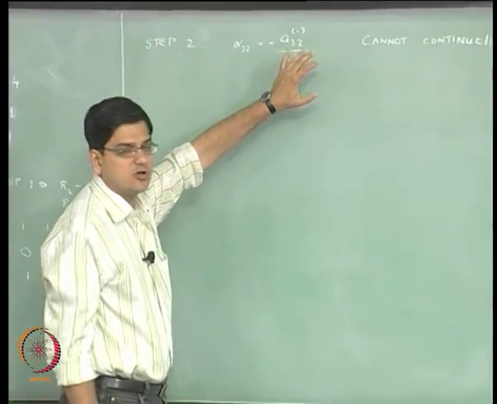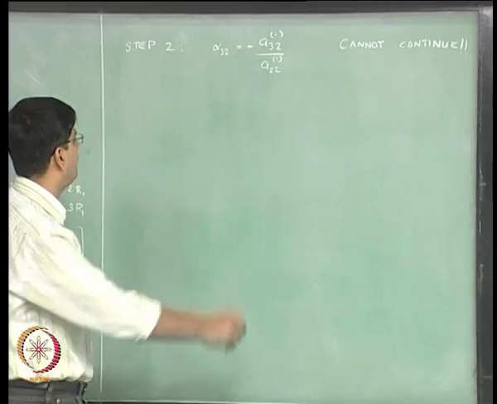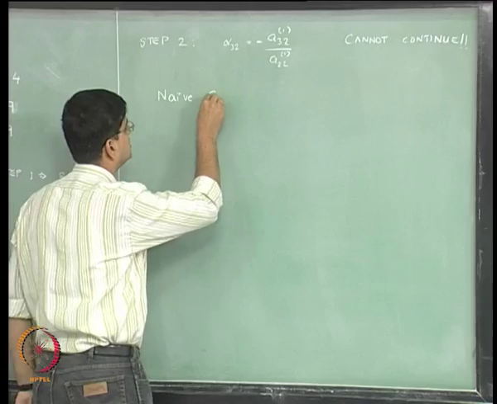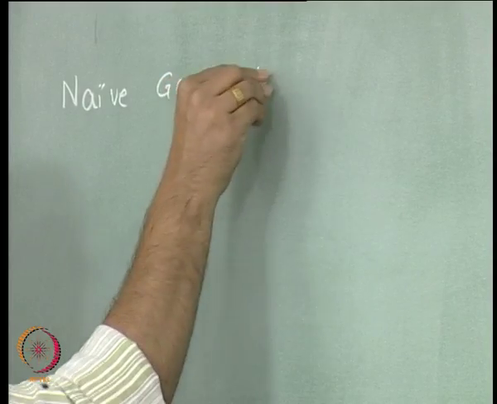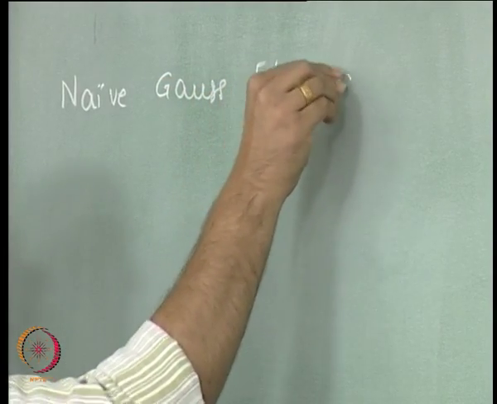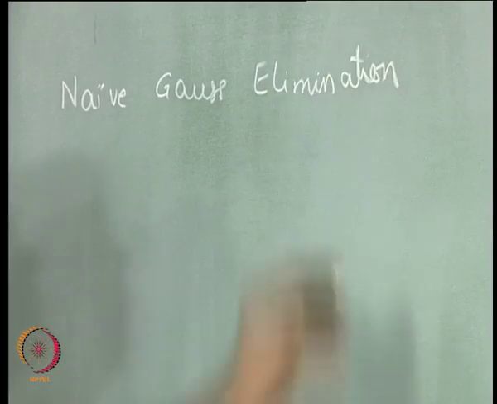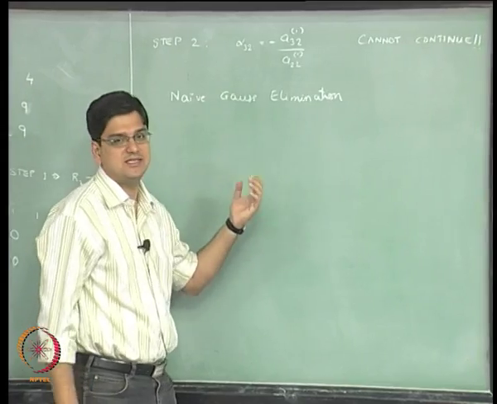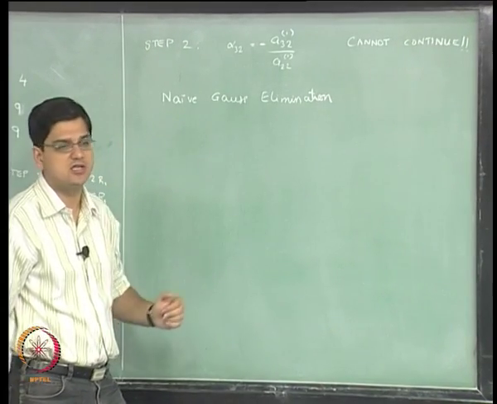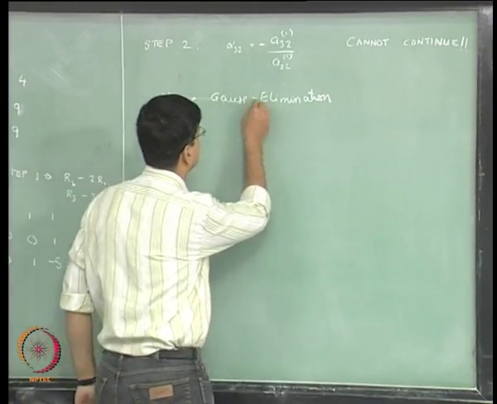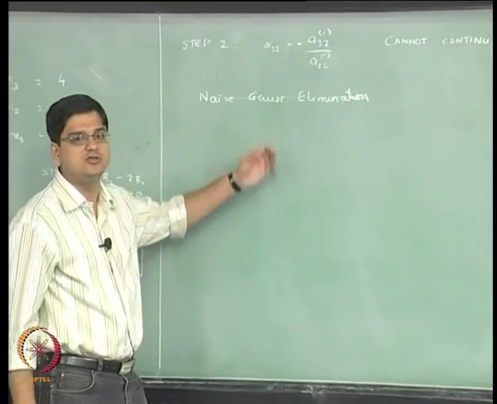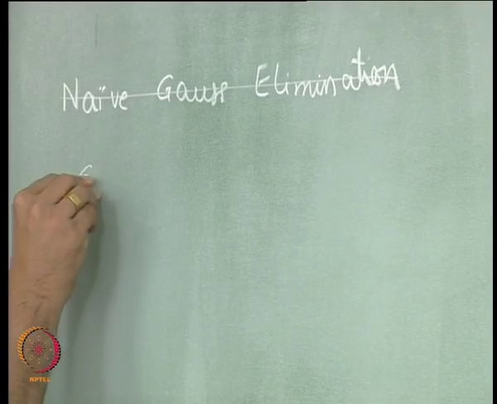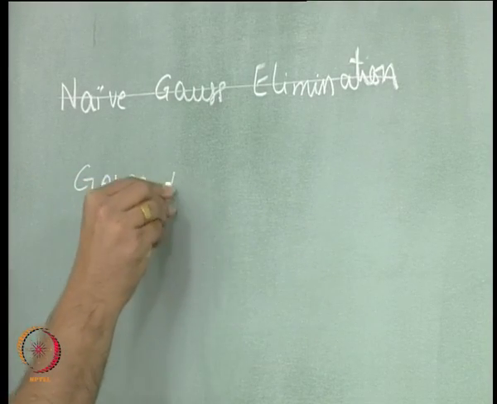So what we have done so far was what is typically called naive Gauss elimination. For reasons like this, as well as for the reasons of minimizing the round-off error in Gauss elimination, this method of naive Gauss elimination that we have been talking about is not used in the form that we have discussed so far. Instead what we use is Gauss elimination with pivoting.